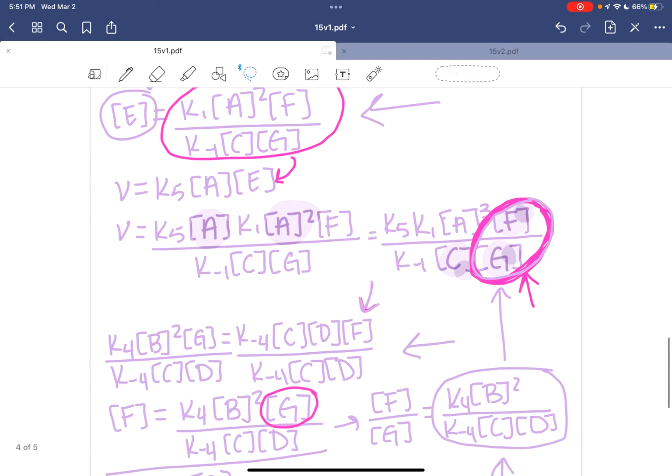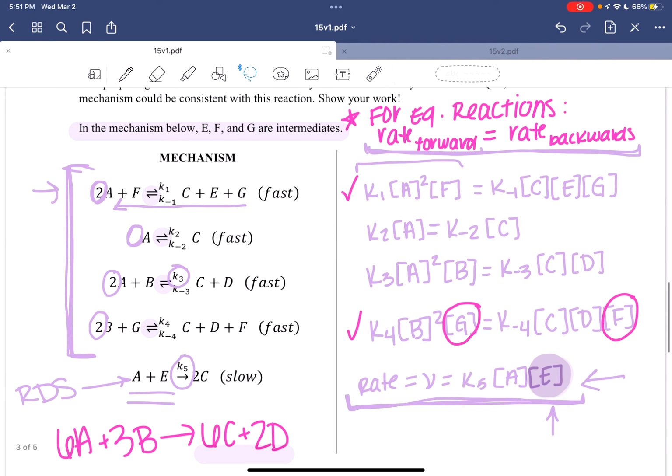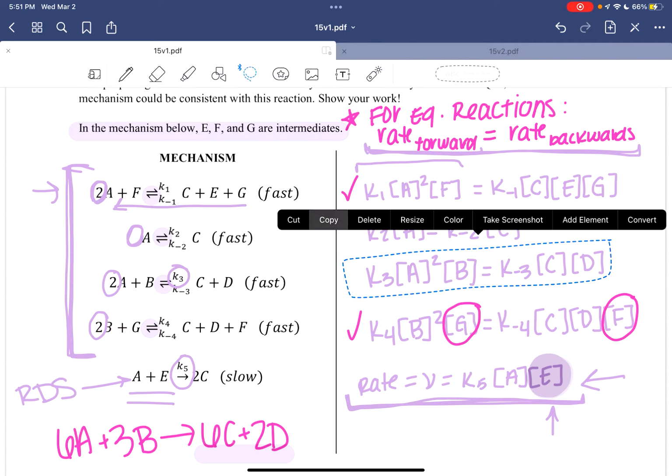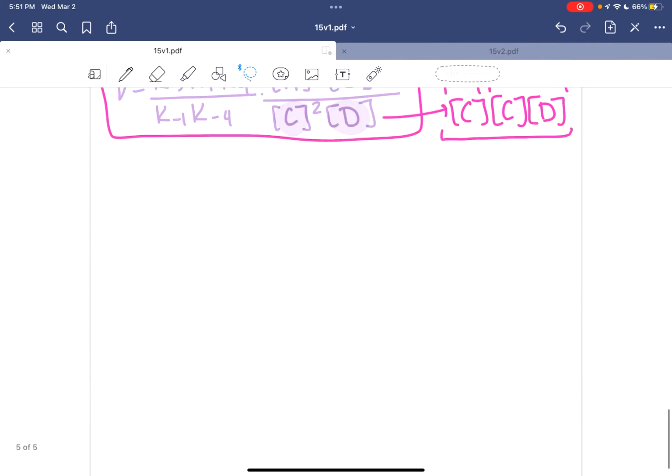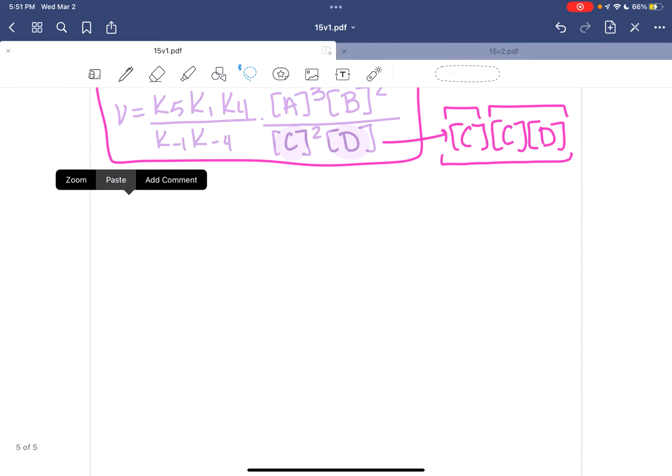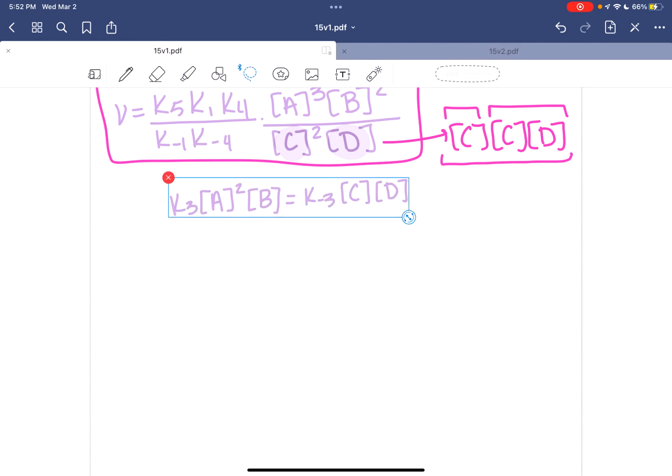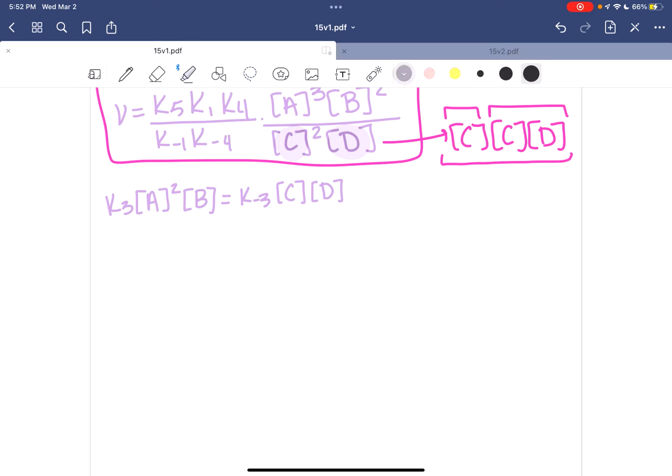We're going to use this third mechanism step, and I'll copy it and bring it all the way down here with us. So we're going to use this step. We're going to isolate C times D, just like we did isolate F divided by G previously.